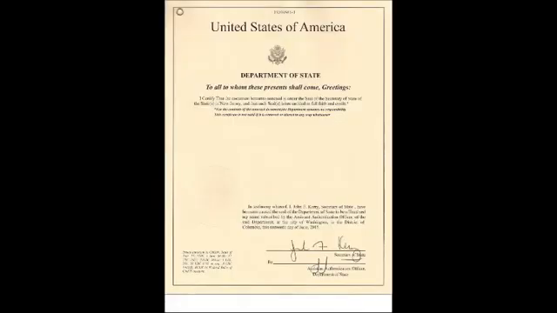Okay, so here we have the certificate of live birth in this picture. Then you'll see the state authentication certificate for the state where the certificate of live birth was issued. Then you'll see the United States authentication certificate.